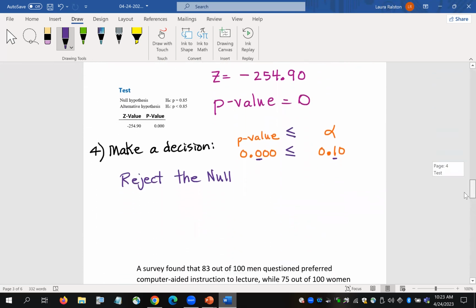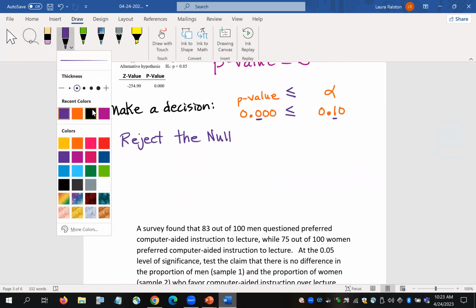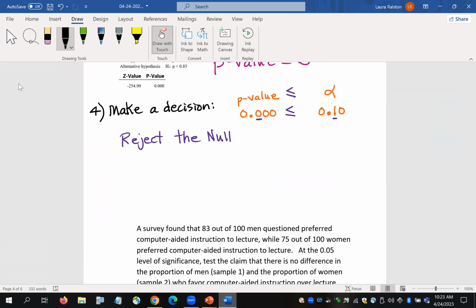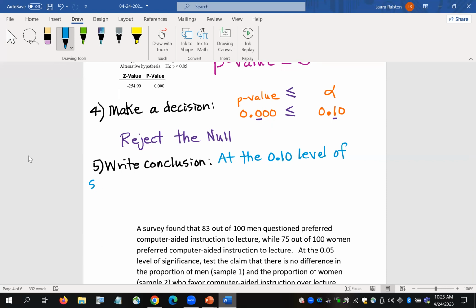So then the last step of any hypothesis test, including this one, is to write the conclusion. And so we would say, at the 0.10 level of significance, and we may want to use the same wording from our story, so we can go back up and pick that up.